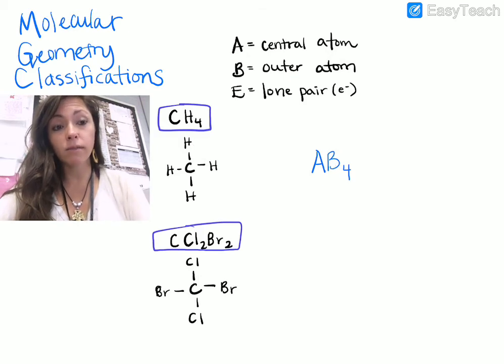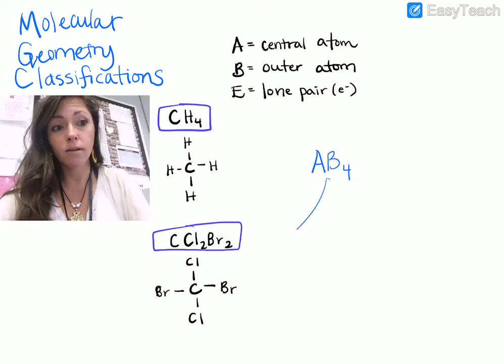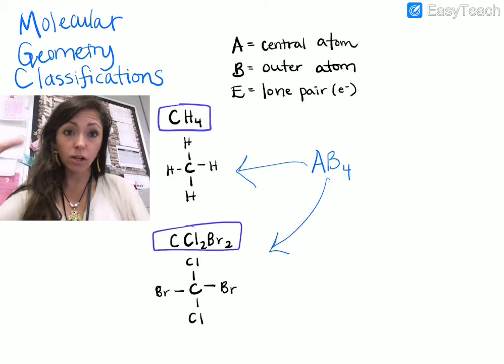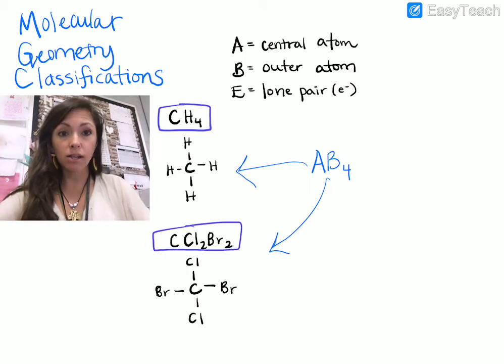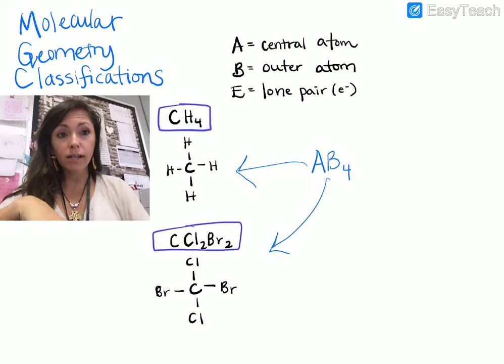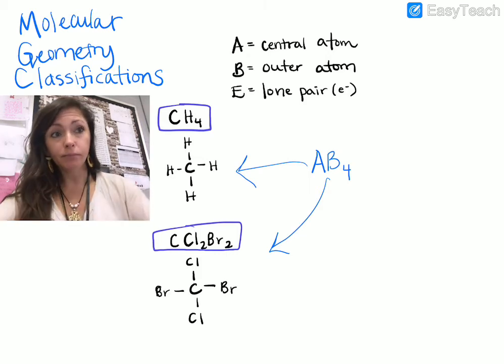Each one of these has four outer atoms, all right? And AB4s actually take on what is known as a tetrahedral shape, which, like I said, when we get into the classifications next week, you'll see a little bit more, all right? So AB4 is just one of your classifications. There's a total of 6 that you have to learn for this class.